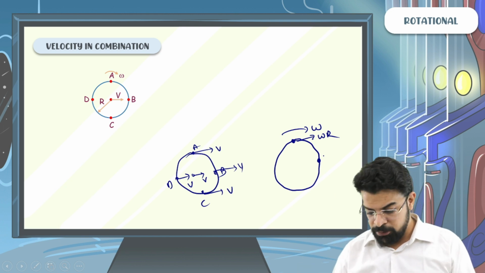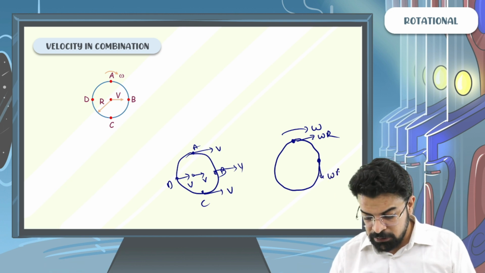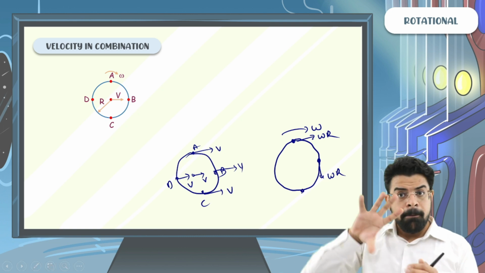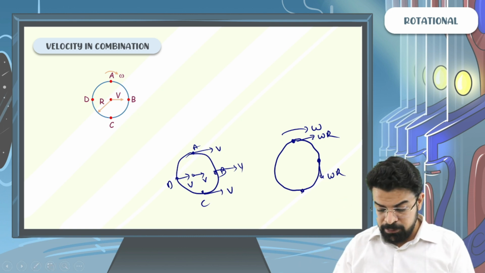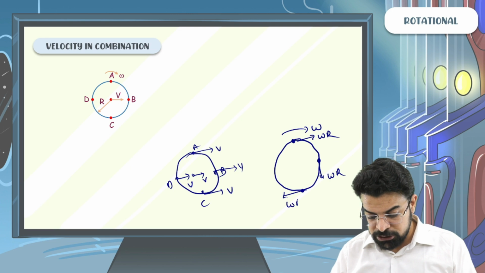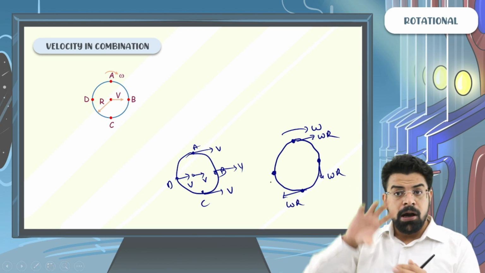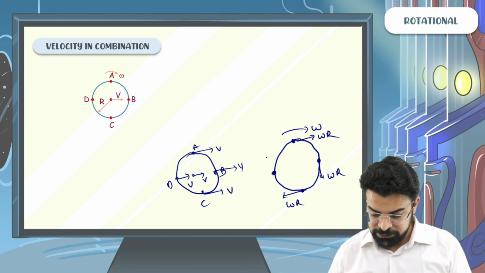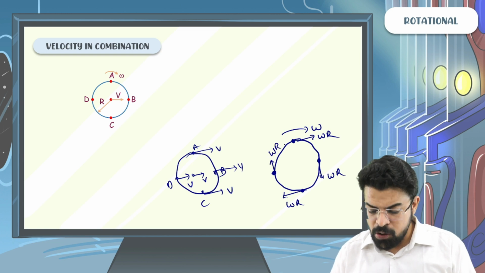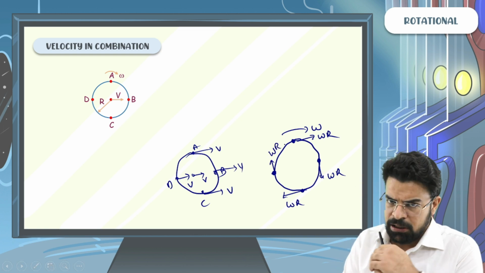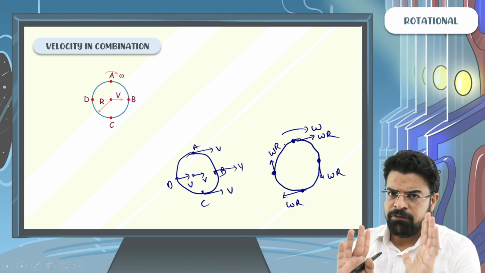Downward. How much? Omega r downward. The velocity of point C will be backward. How much? Omega r backwards. And the velocity of point D will be upwards. Omega r upwards.